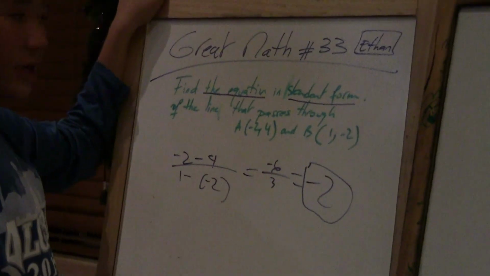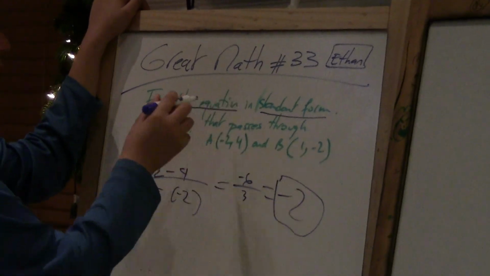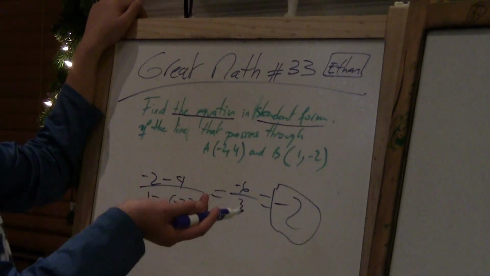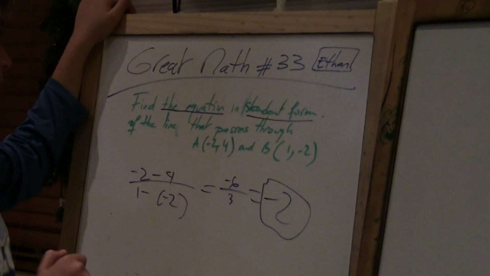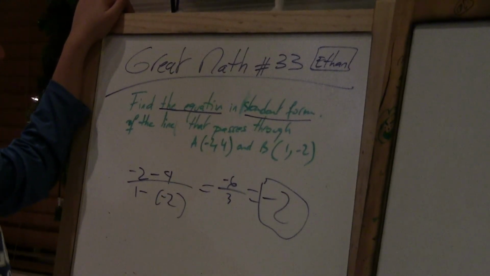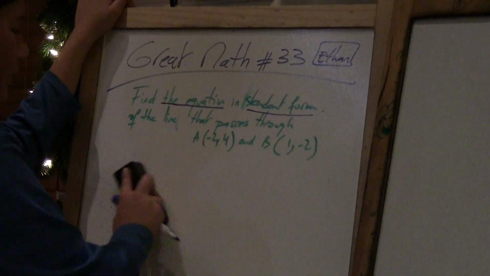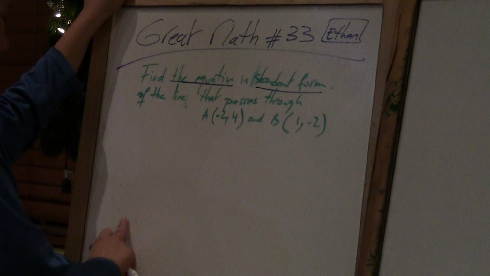But we aren't finished yet, because we have to find the equation. But the slope isn't the equation. It's just some number. Now to find the equation, it's practically the same thing, except we're going to choose one of these points.